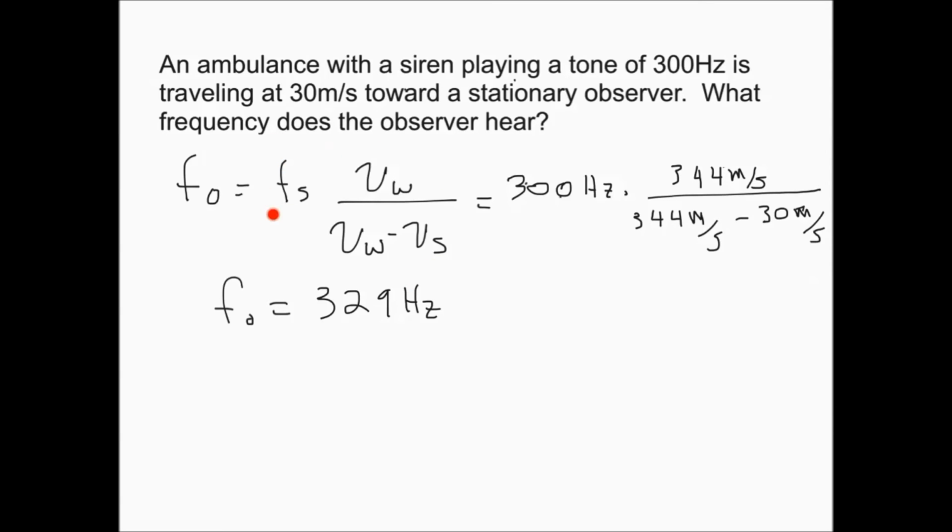We have the frequency of the source, which is 300 hertz, times the velocity of the wave, divided by the velocity of the wave minus the velocity of the source. We plug in all those numbers here, and we get the frequency heard by the observer is 329 hertz, which corresponds to a higher pitch than the 300 hertz that the siren is playing.